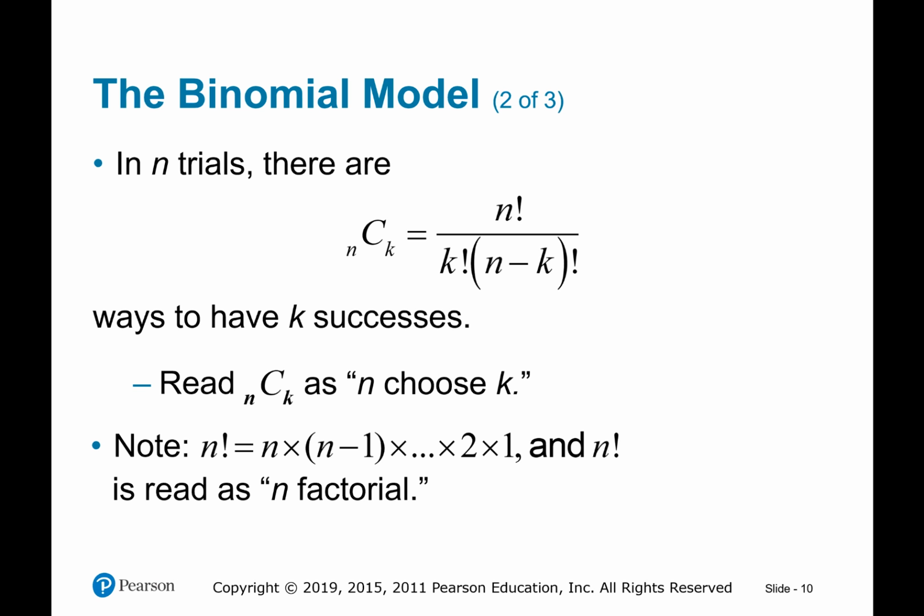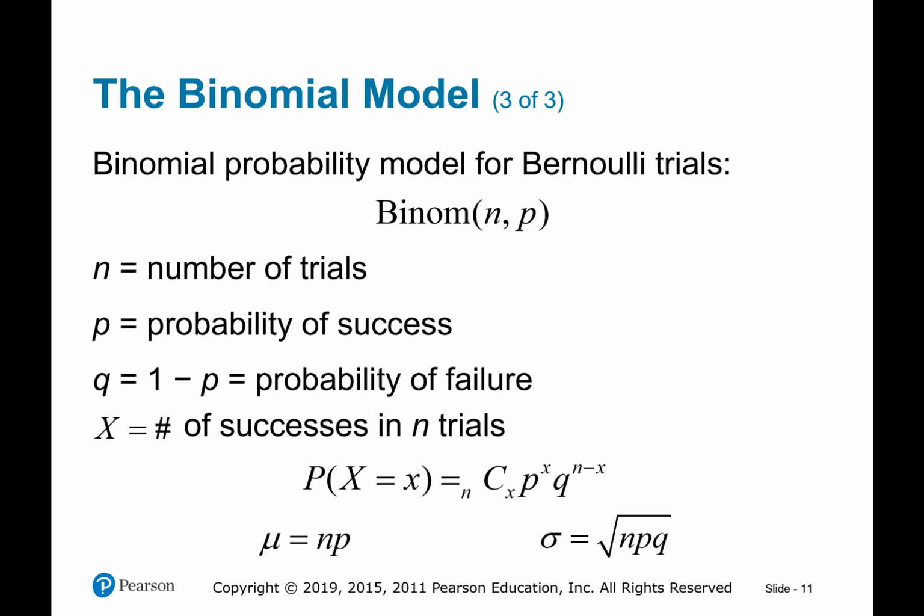Wow, that looks familiar. If you'll pardon the pun here, you have to find the right combination of numbers. So again, n factorial divided by k factorial times n minus k factorial. N choose k. And again, your calculator will do that for you.